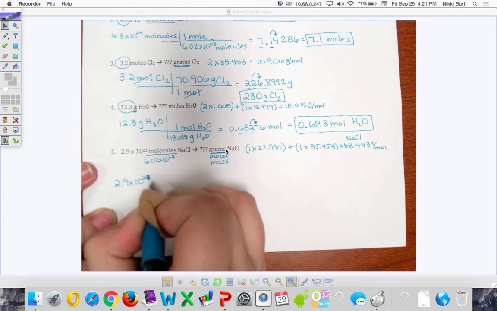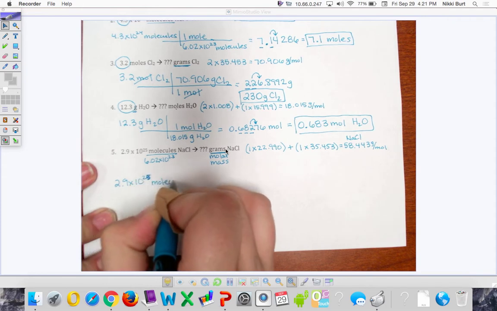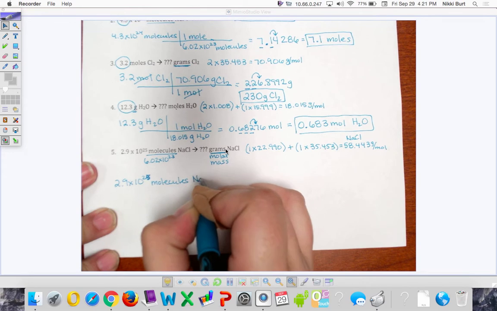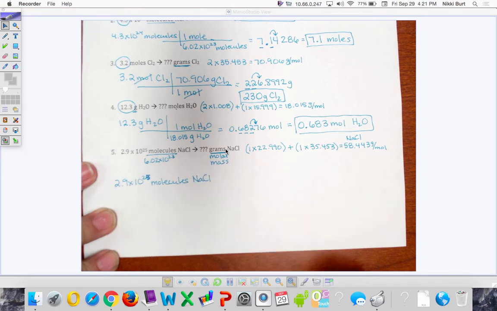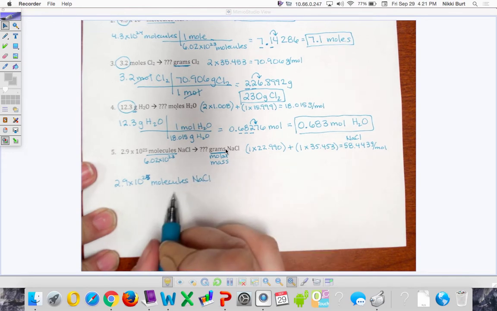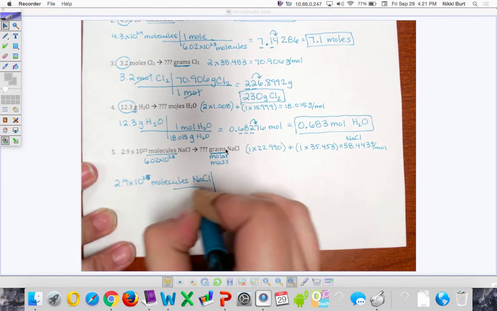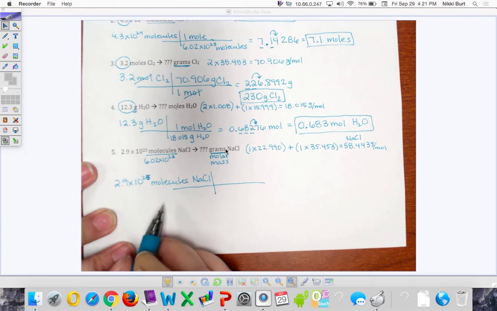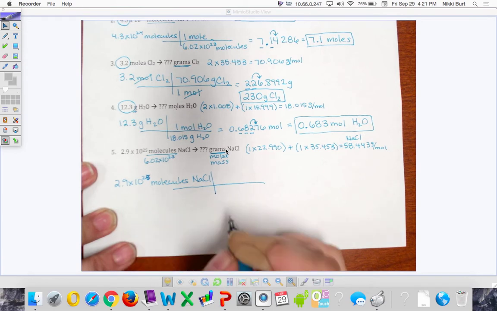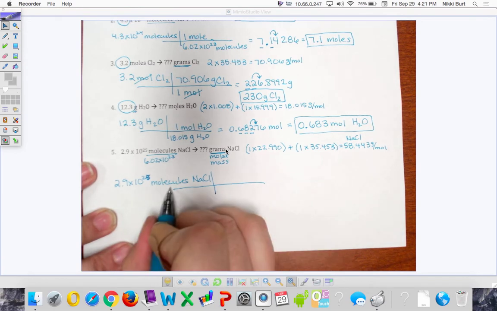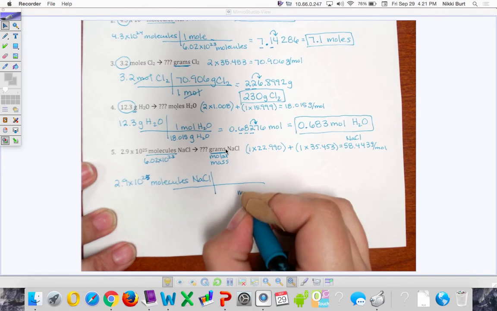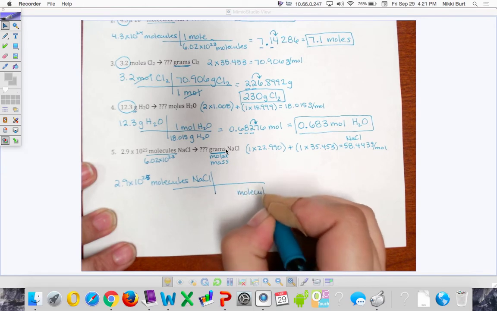So if I have 2.9 times 10 to the 25th molecules of NaCl, the question is, what does that weigh? What is the mass of that? So what I have to do is I have to figure out how many moles I have of that first.